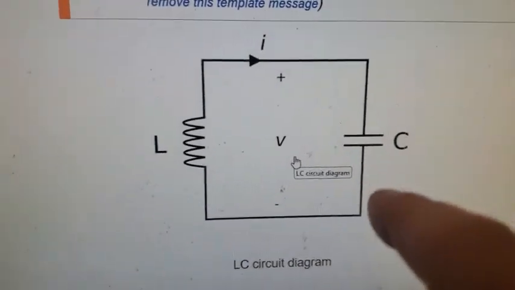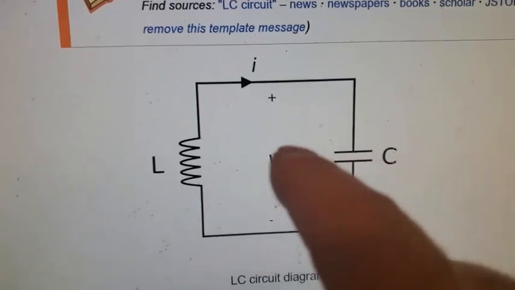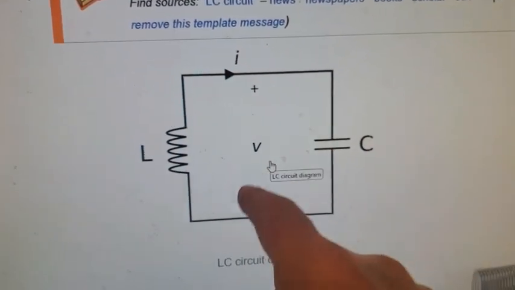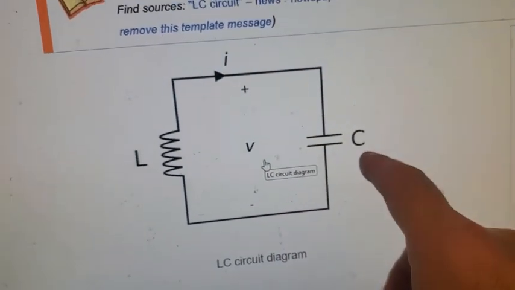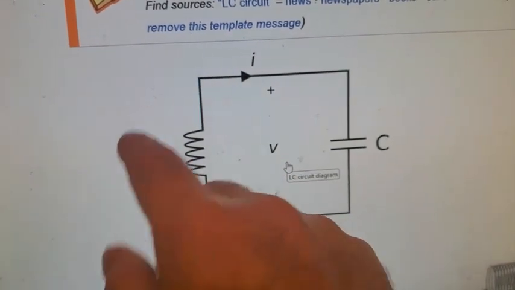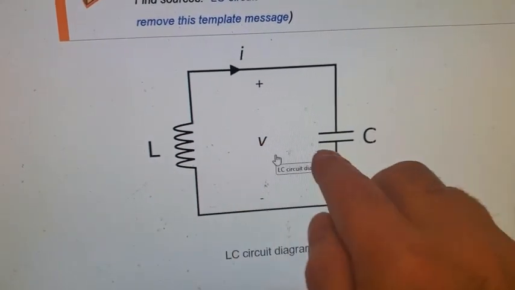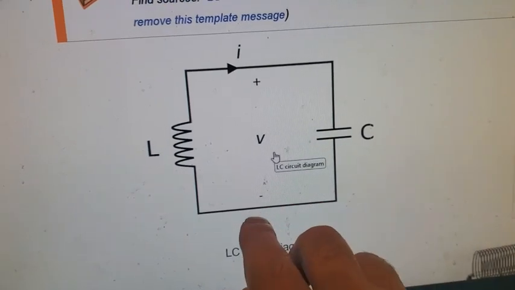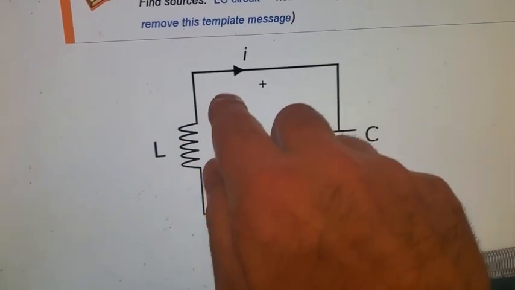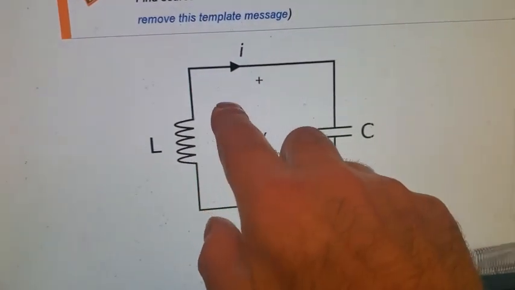So what you have is this oscillation of the capacitor, and then you have 90 degrees offset, because this goes from 10 to 0 to negative to 0 back to its highest voltage positive.